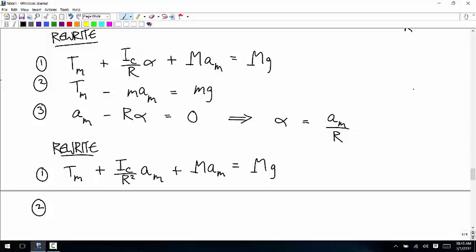And the second equation says T little m minus little m a little m is equal to little m g.